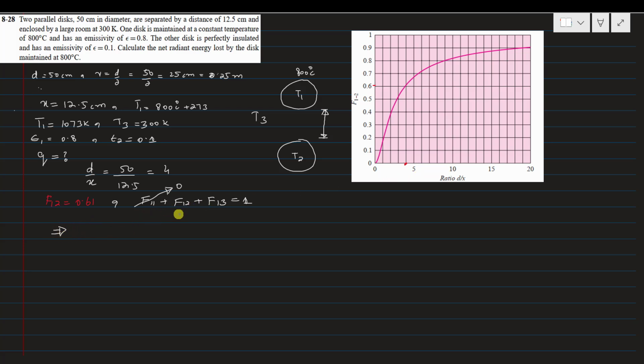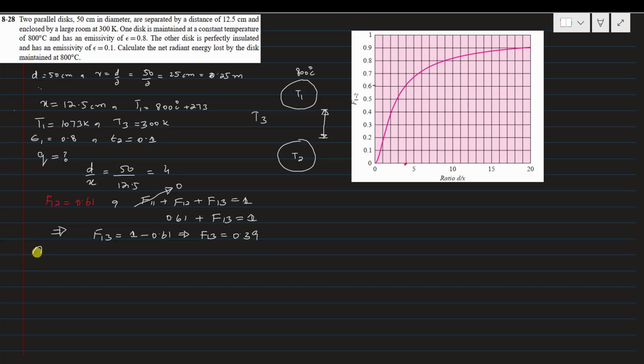So here you put its value, 0.61, plus F13 is equal to 1. Now you can say F13 is equal to 1 minus 0.61, so F13 is equal to 0.39. This is the shape factor from 1 to 3.